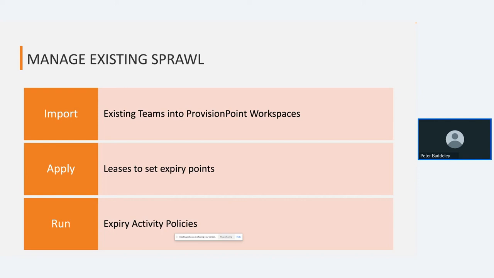Equally, it works with your existing teams in your organization. You can import those to be managed by ProvisionPoint workspaces. You can set those expiry points using leases, and you can immediately start running activity policies to check and see if they're being used still, and influence the expiry point and ultimate archiving of those teams based on that data.